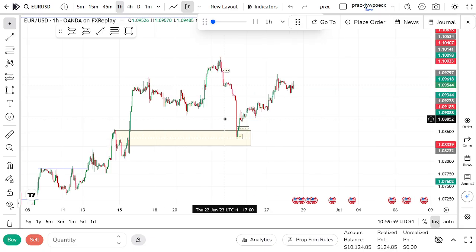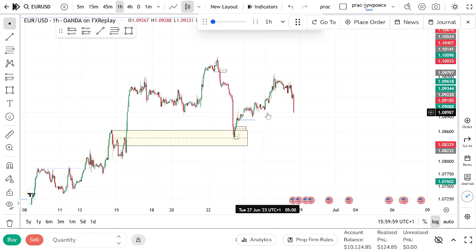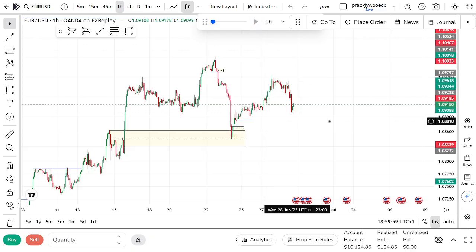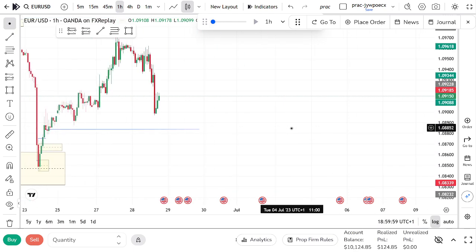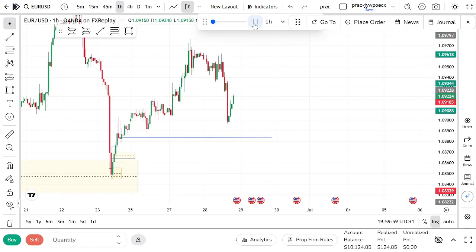Price is still forming a series of higher lows and higher highs. Wait a minute. Where did the price react from? Nowhere close to this place.